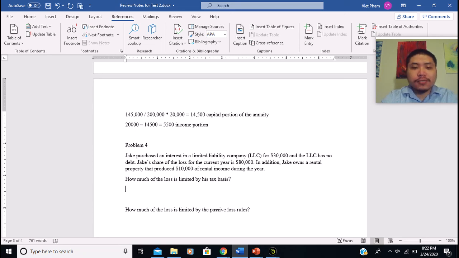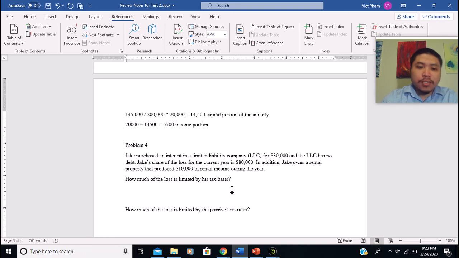Under the tax basis hurdle, taxpayers can deduct the loss up to the amount of the tax basis. Since Jake's tax basis in this case is $30,000, he is allowed to deduct $30,000 of his losses under the tax basis hurdle, which is the very first hurdle.